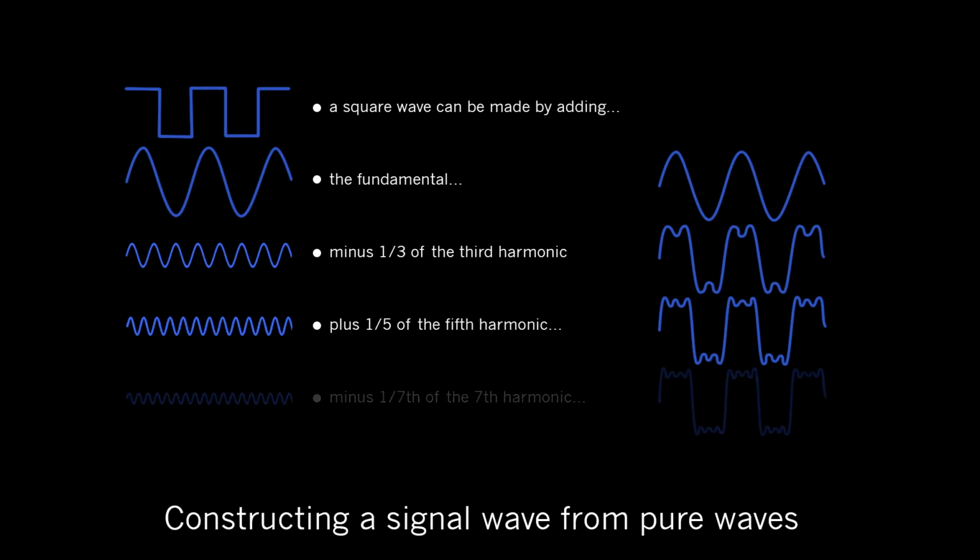Then we subtract a seventh of the 7 times that frequency, and so on. And the more we do this, the closer we come to creating the square wave that we were trying to make. And that's true for any waveform. We can always see a waveform, however complicated, as the combination of different pure tones.